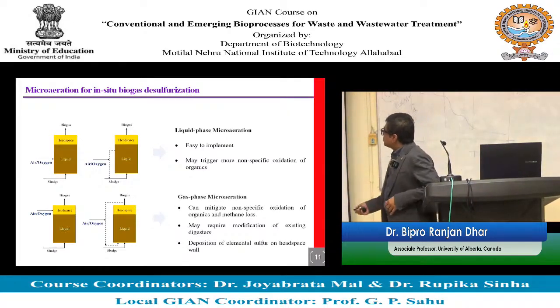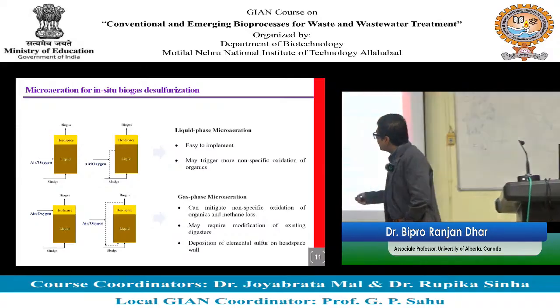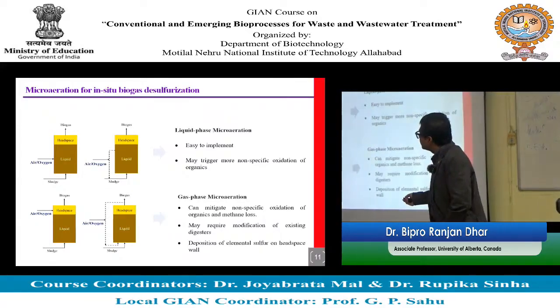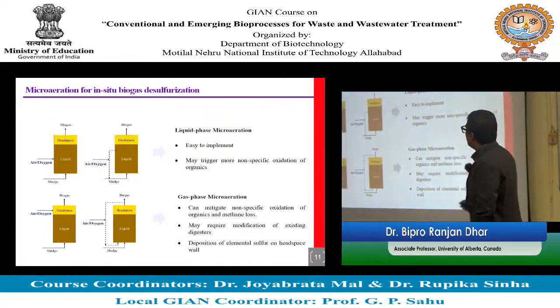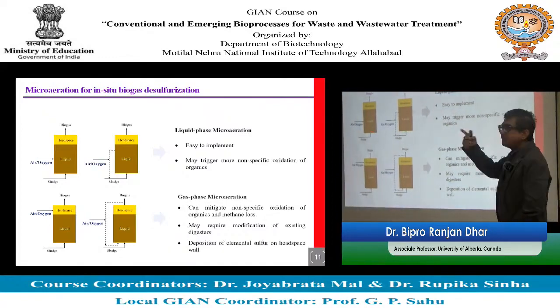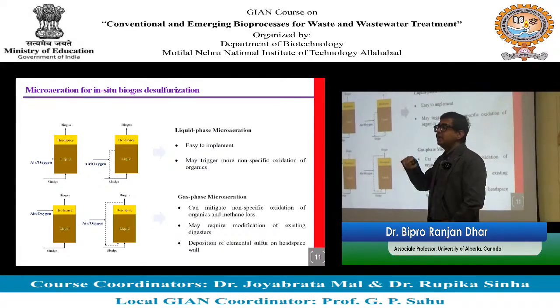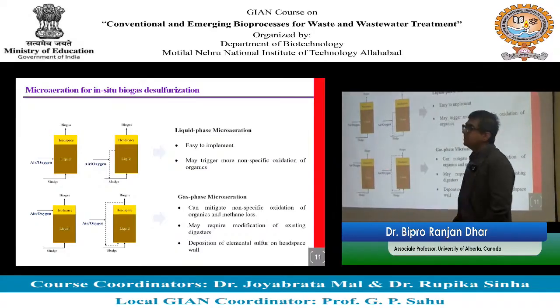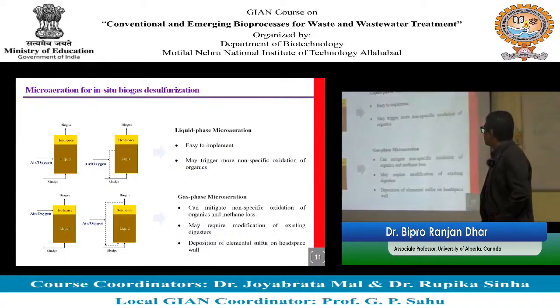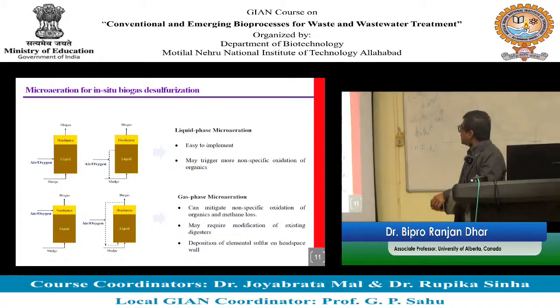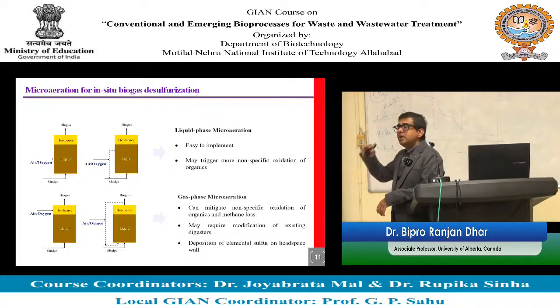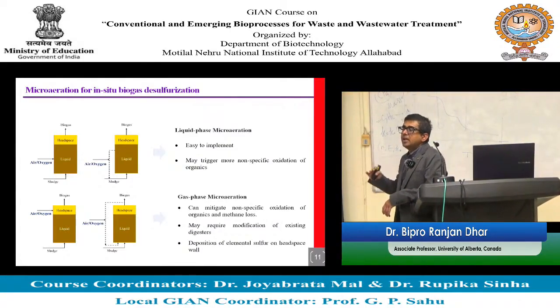In the gas phase, we can either inject the gas directly in the headspace, or we can have biogas recirculation and add air or oxygen in the biogas recirculation line. That way we are not providing aeration in the liquid part, so we can avoid some of the organic loss that we might have in liquid phase microaeration.